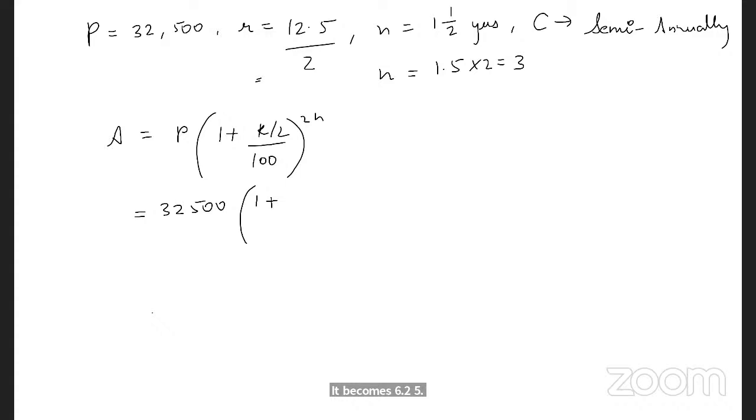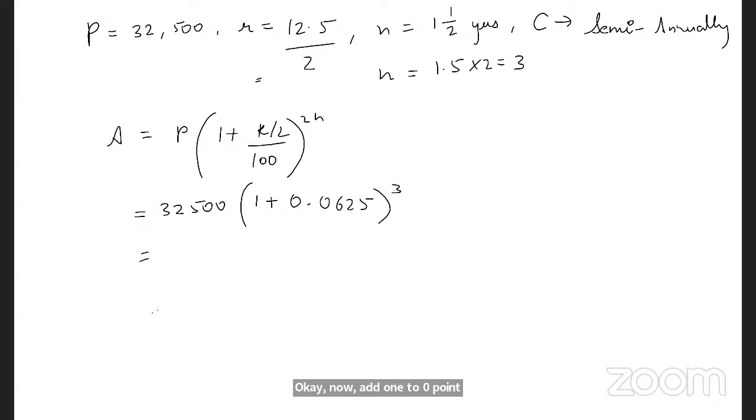Also, if we divide it by 100, we can use 0.0625 if we directly divide it by 100, raised to the power 3. Now add 1 to 0.0625.